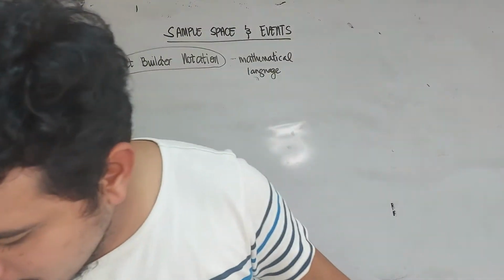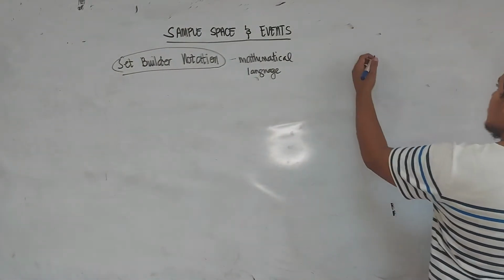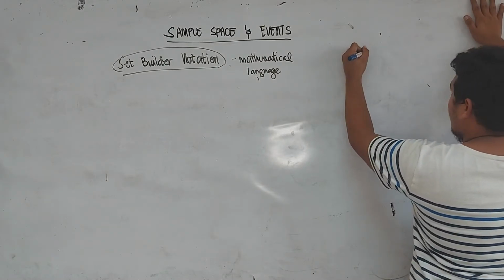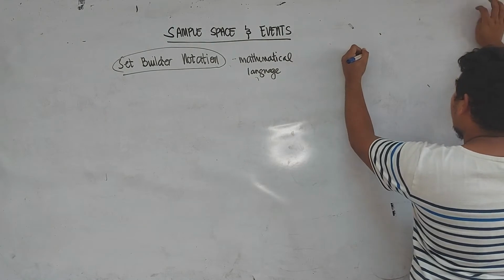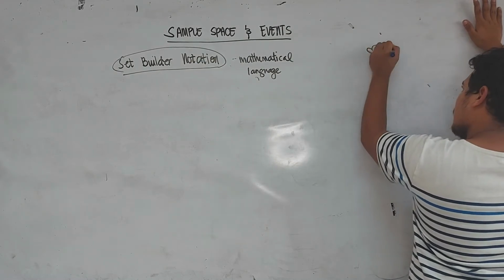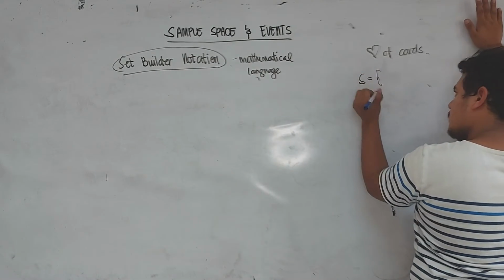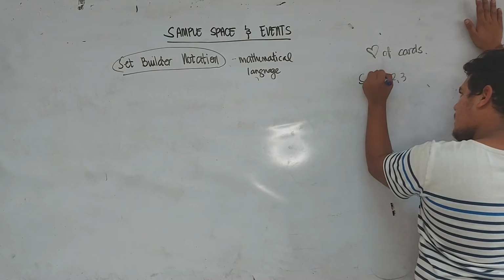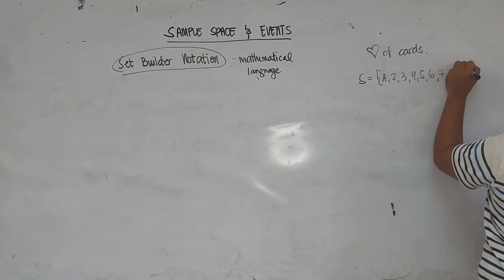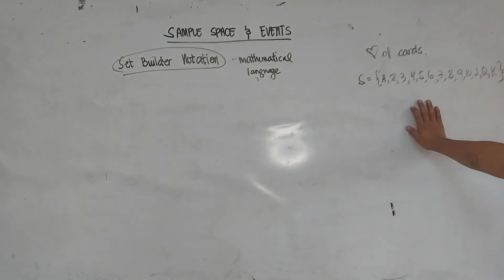The value of a heart of cards. Ayan. So therefore, our sample space is equal to A, 2, 3, 4, 5, 6, 7, 8, 9, 10, Jack, Queen, King, okay, right? That is our sample space.